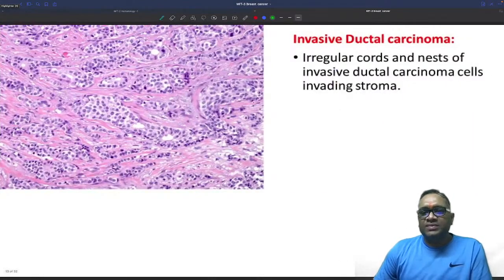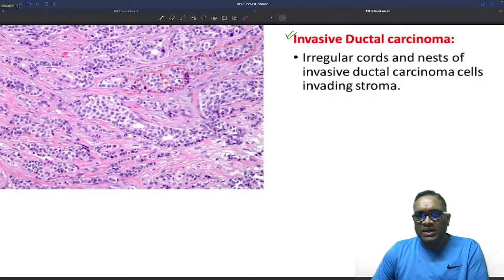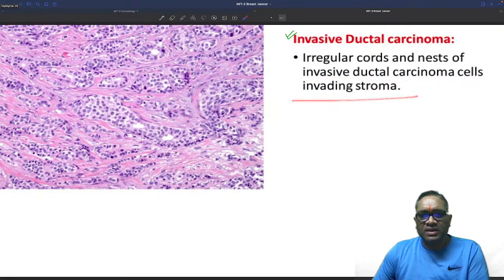This was the invasive ductal carcinoma. Now you can see the tumor cells are infiltrating into the surrounding tissue and forming tubules. That is ductal carcinoma. This will be invasive ductal carcinoma, where they are invading the surrounding stroma.